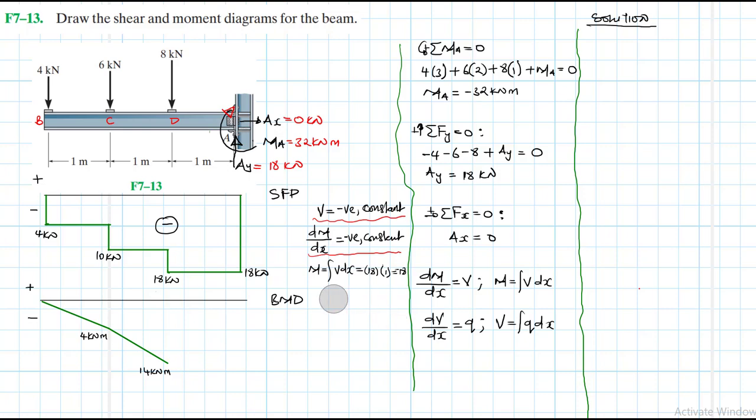So we are coming from a point where moment is minus 14, so it will be minus 14 minus 18. This gives us 32, right? Yes, so minus 32.